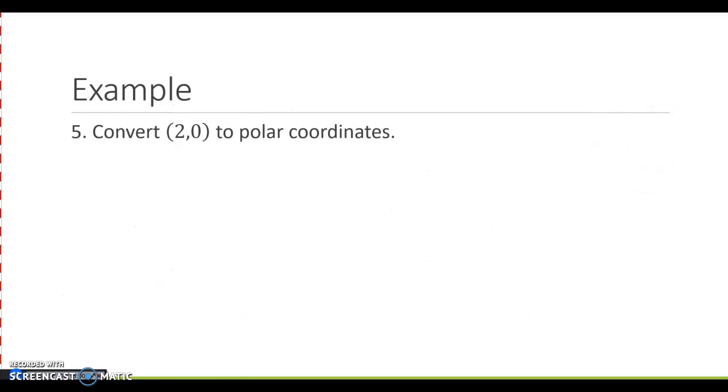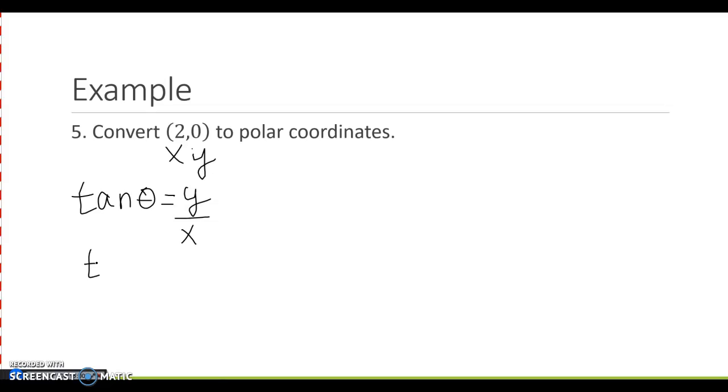Now let's go backwards. So now I'm giving you a rectangular point, so an x and y, and we're trying to find r and theta. So let's start with theta. Tangent of theta is equal to y over x.